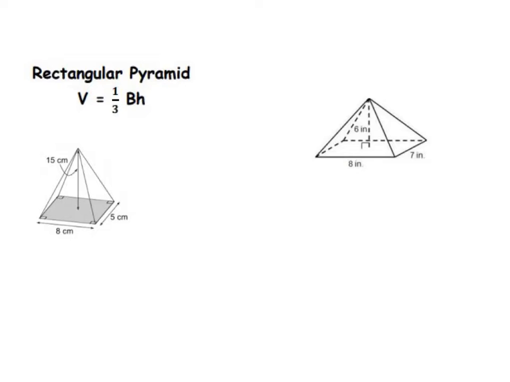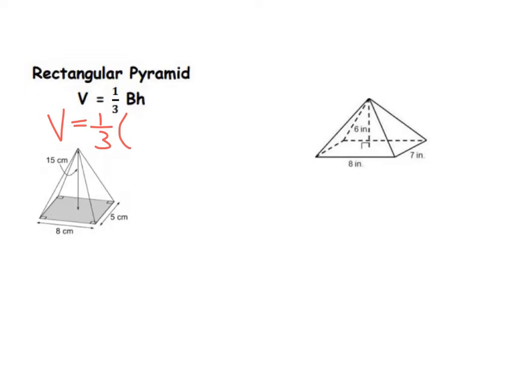Okay, so we have a rectangular pyramid, and the formula is volume equals 1/3 of the area of the base times the height. Basically, that transformed, because this is a rectangular pyramid. That means there's a rectangular base. So then you're going to rewrite the formula to look like something we already know. We're going to put volume equals 1/3.